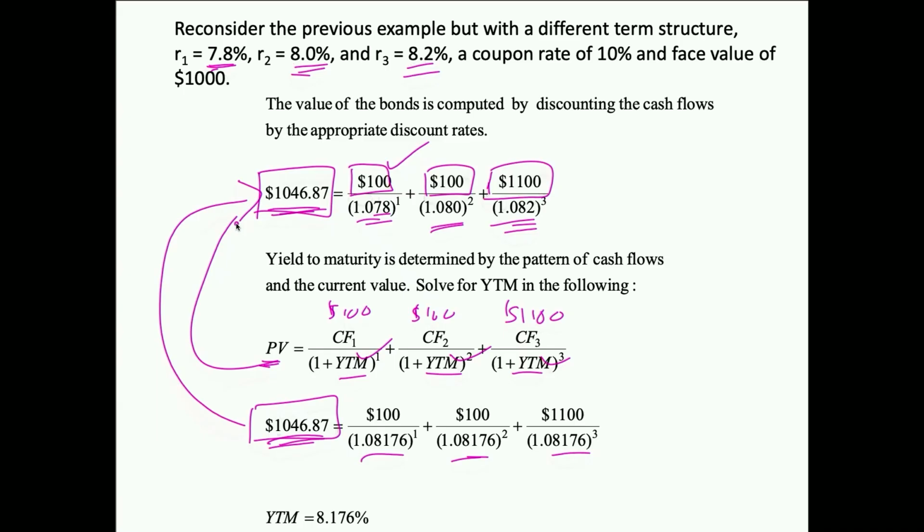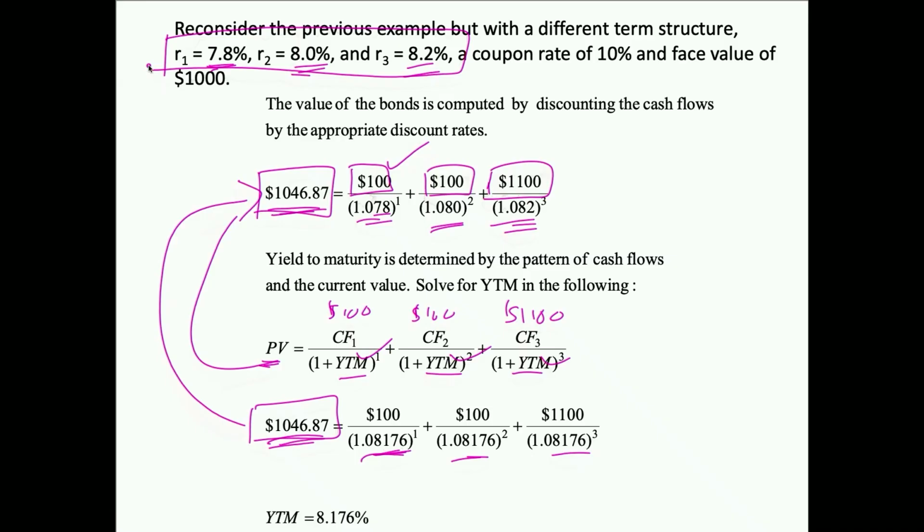Now notice, you can see right off the bat, this 8.176% is going to be some weighted average of our spot rates, right? 8.176% is some weighted average of 7.8%, 8%, and 8.2%, right?